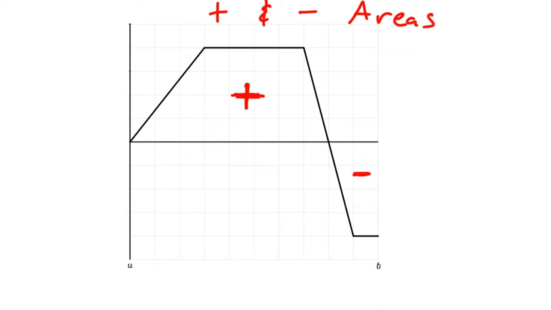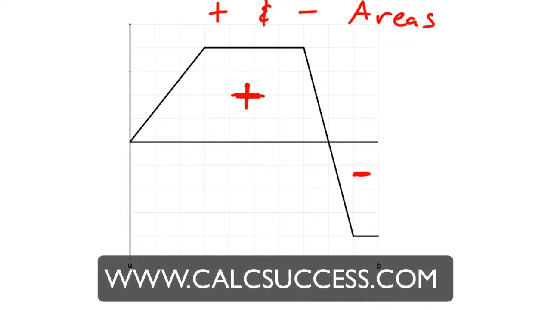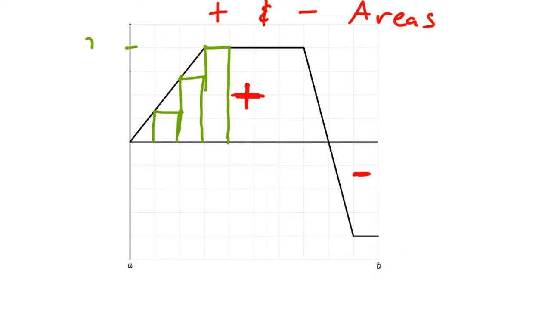And so the reason why is, remember how when we defined the integral, we defined it as a Riemann sum, and so we had our rectangles. But remember that the height of the rectangles was given by the value of the function at the different points.